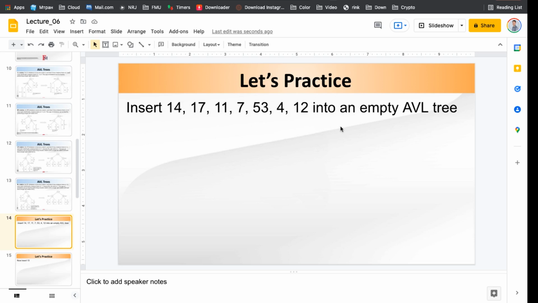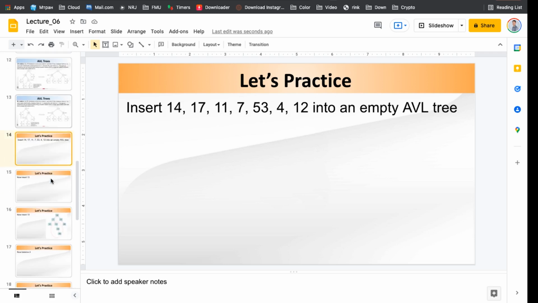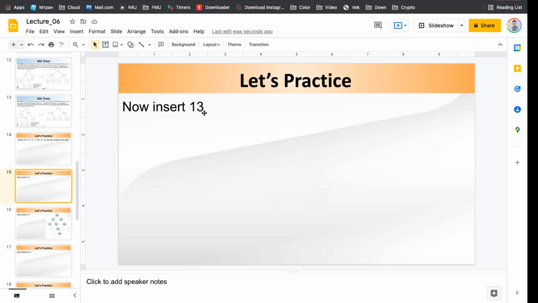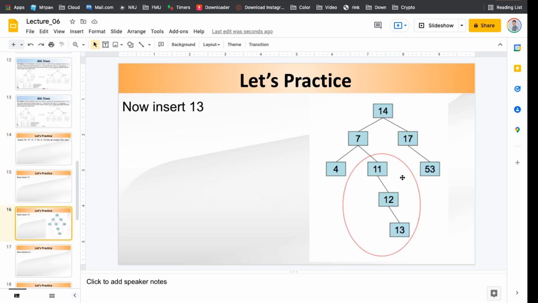So just insert them all on the paper. Okay, cool. I'm going to assume that you've done it. Now, please insert 13. Let's see what's going to happen here. You should have something like this: 14, 7, 17, 4, 11, 12, 13.